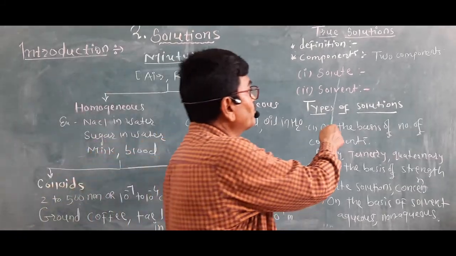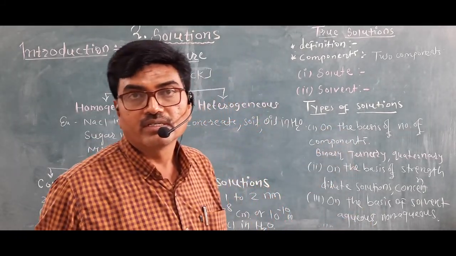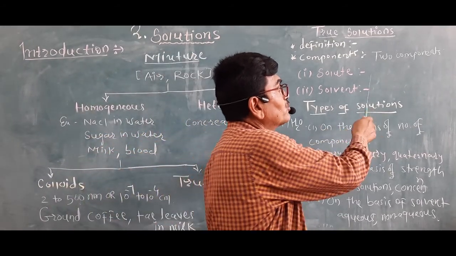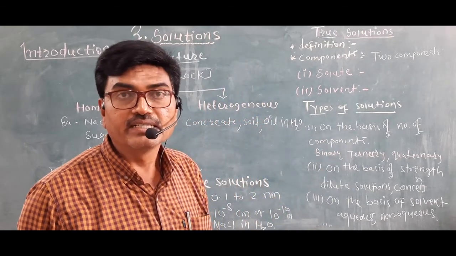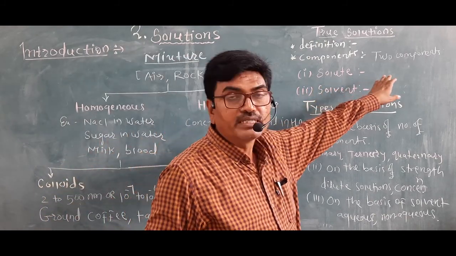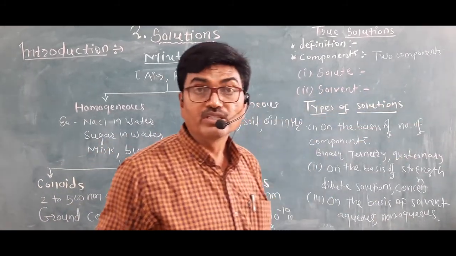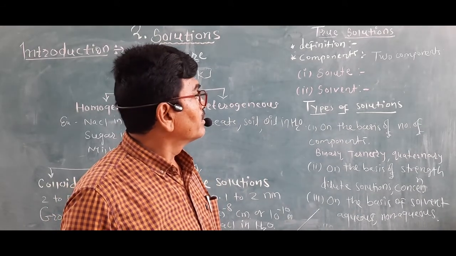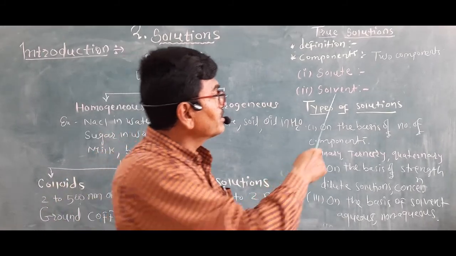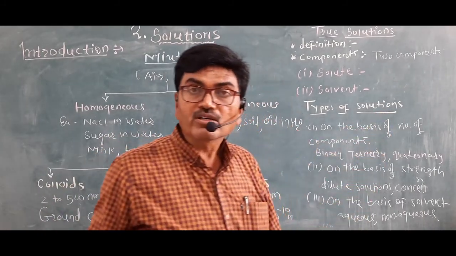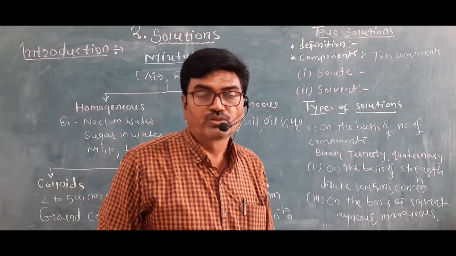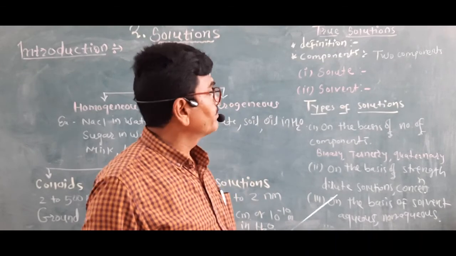A substance which gets dissolved is called solute, or generally the solute is considered as the substance which is present in the smaller quantity, in the smaller amount. So this is easy to understand.